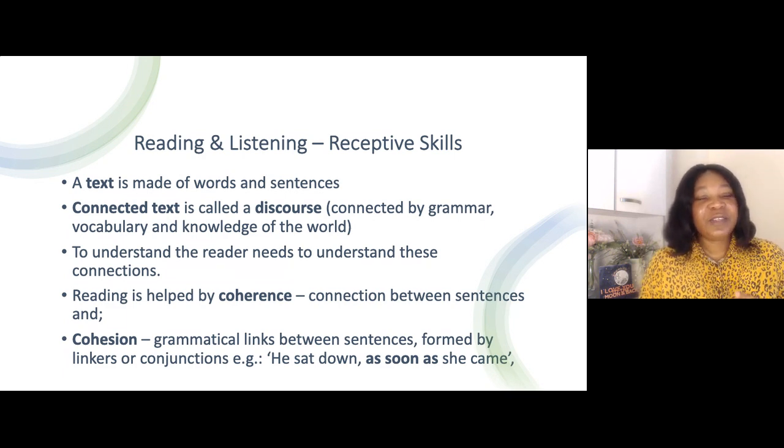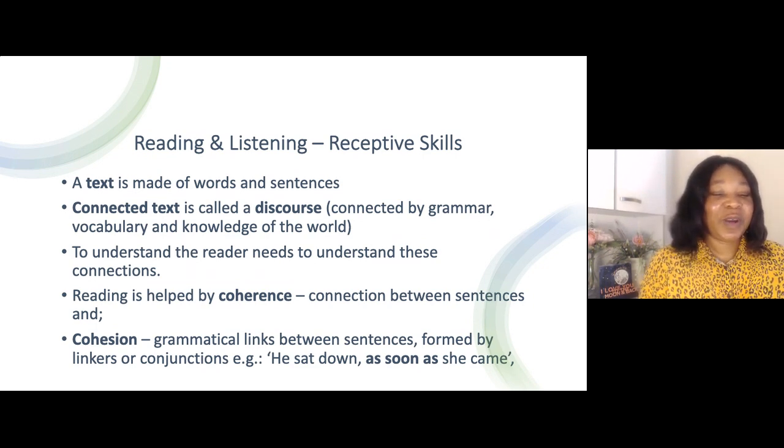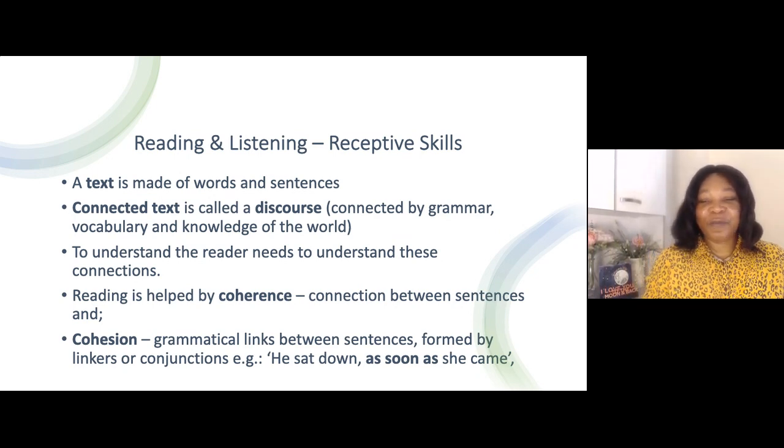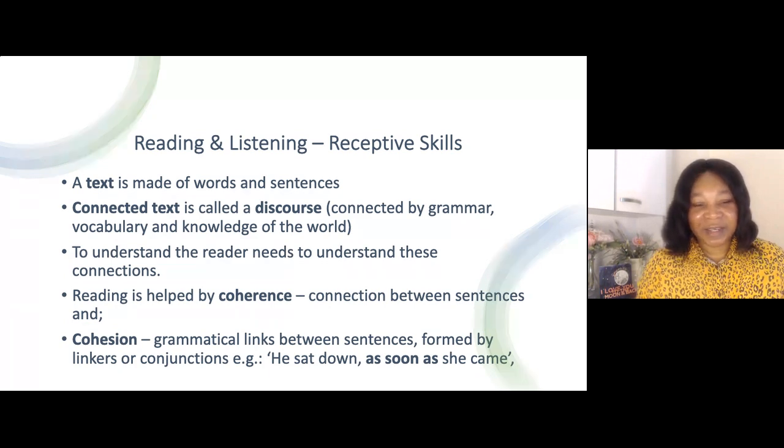Cohesion, I like to describe cohesion as the glue that joins words together or sentences or phrases together. So, for examples, your conjunctions, your linkers, or your connectors. Okay, so those are examples of cohesion.